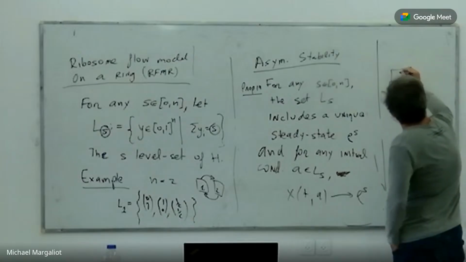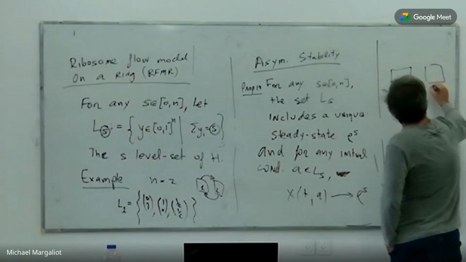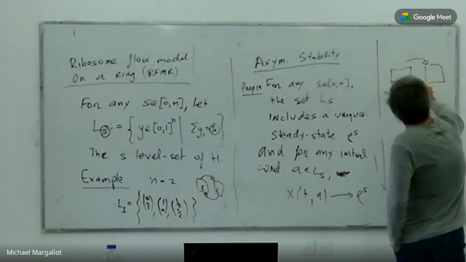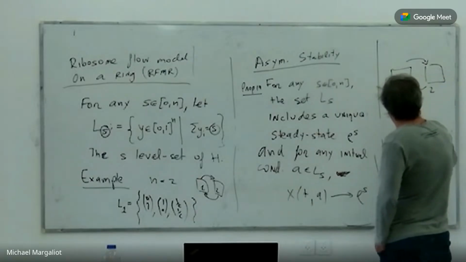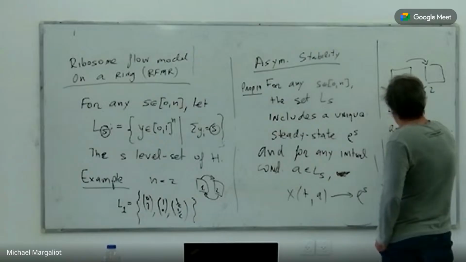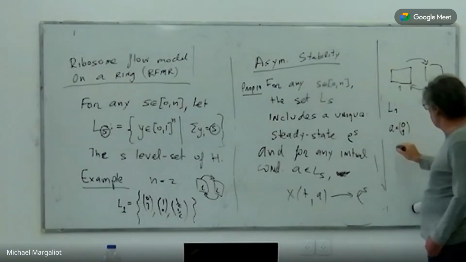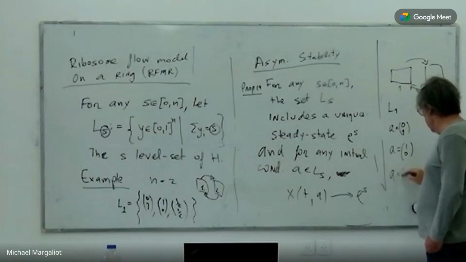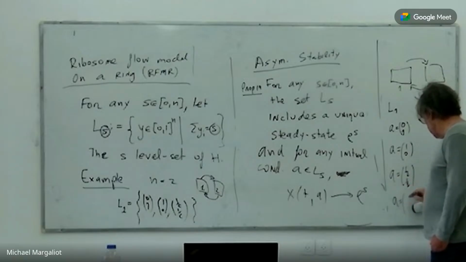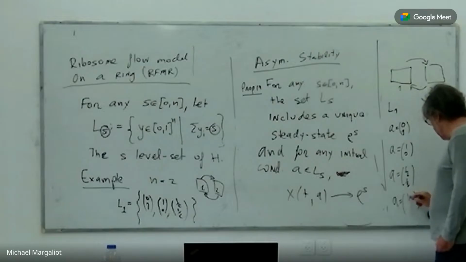Again, let's take just two sides for simplicity. Of course, all the results hold for any dimension. And let's take L1. So this means I can take as an initial configuration this one, or this one, or this one, or this one.